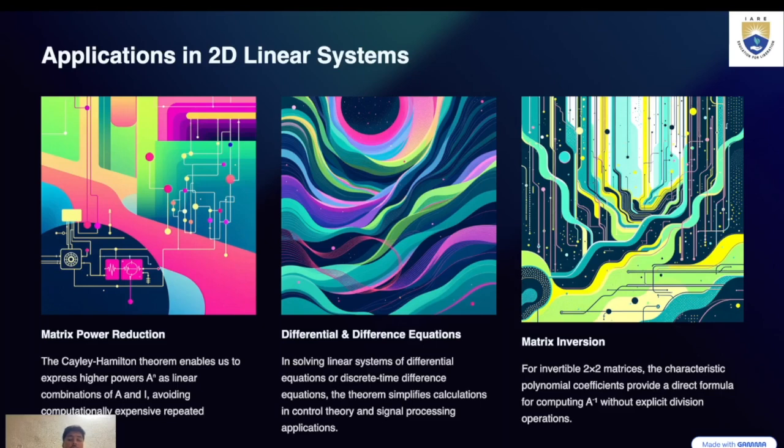Control systems engineering: it is used to calculate the state transition matrices in state space analysis. Differential equations: in solving linear systems of differential equations or discrete time difference equations, the theorem simplifies calculations in control theory and signal processing applications as mentioned above, like calculating exponentials like e to the At, which are important in system modeling.